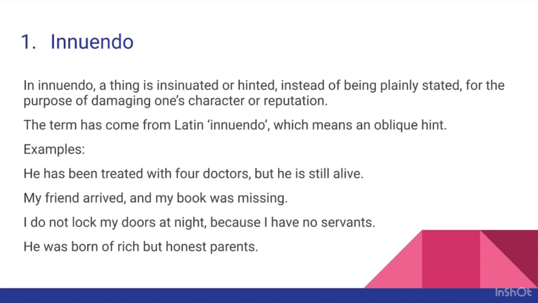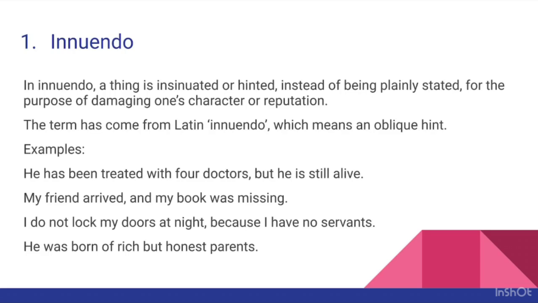Second example, my friend arrived and my book was missing. So the insinuation here is that the friend stole the book. I do not lock my doors at night because I have no servants.